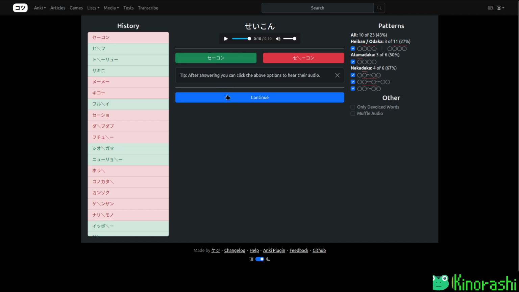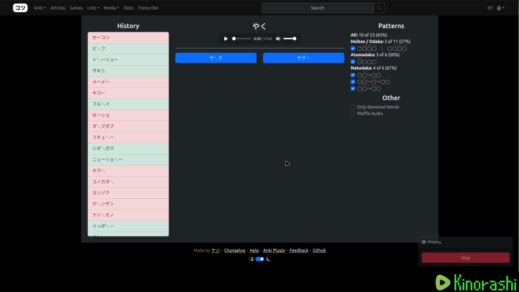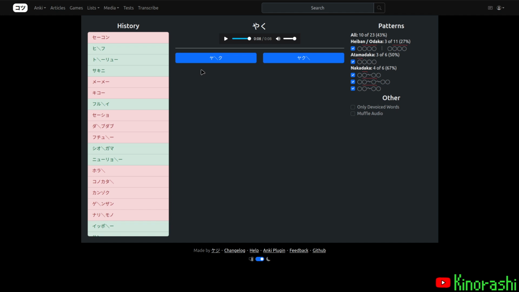Seikon. Okay, let's... Yaku. Okay, this one says it's an odaka word, and this one says it's an atamadaka. You notice it has that pitch drop after the word, meaning that it pitch drops in the particle.